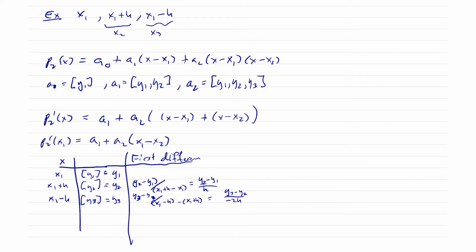Okay, now we're going to go and do our second differences, and we really only need to do it for this spot. So we're going to take a difference between this guy and this guy.